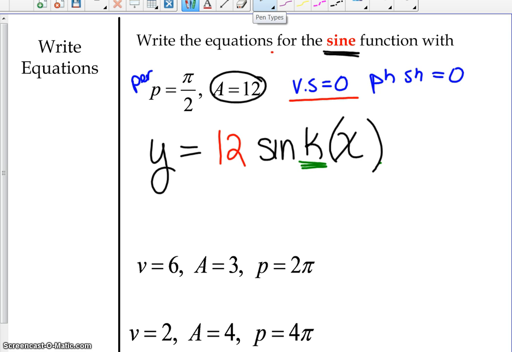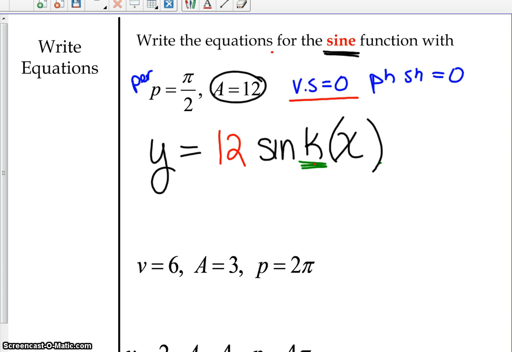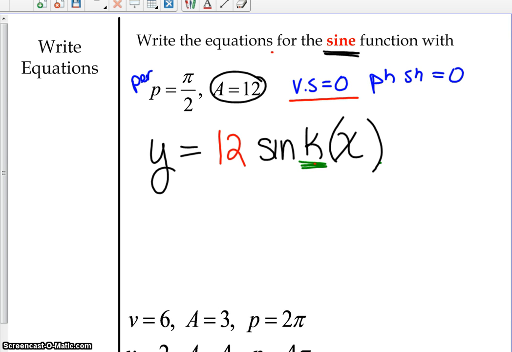Last thing we need is our k. That's the only thing that we're going to have to calculate over and over again. Let's talk about that. When we calculate the k, what we do know about k is that the period would always be equal to 2 pi divided by our k.